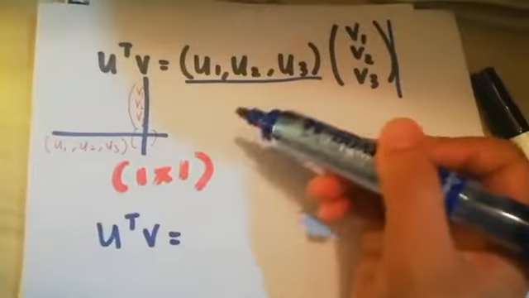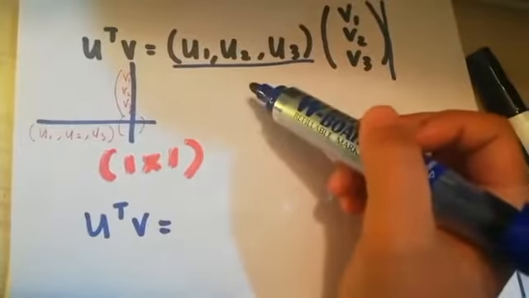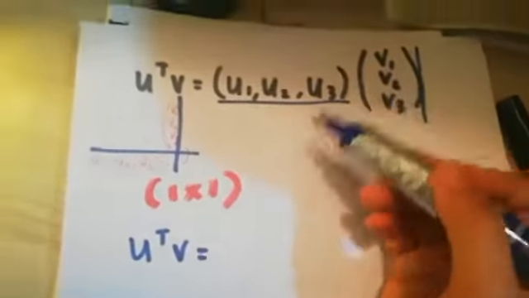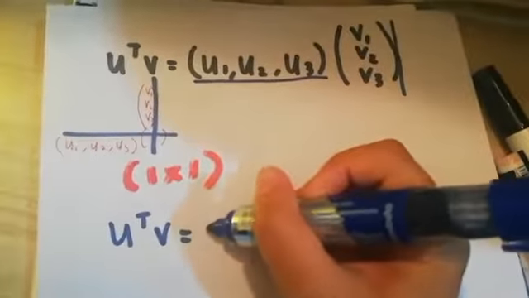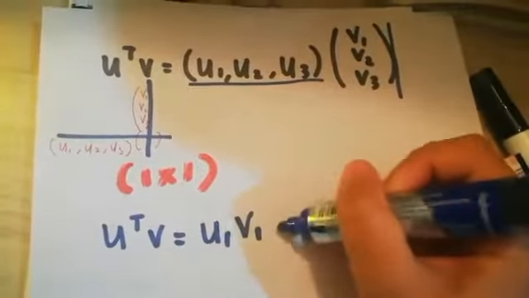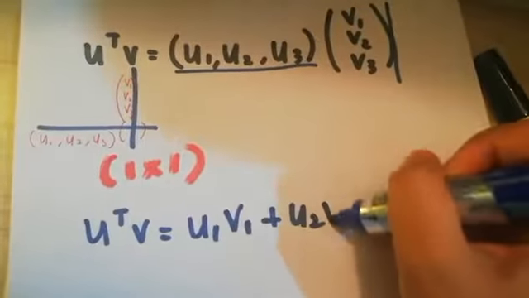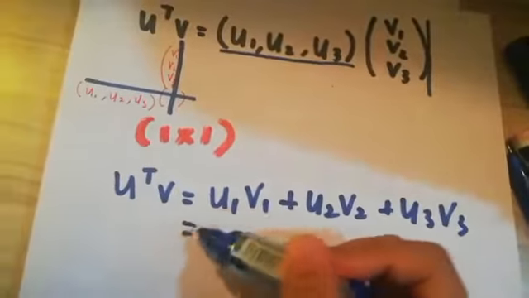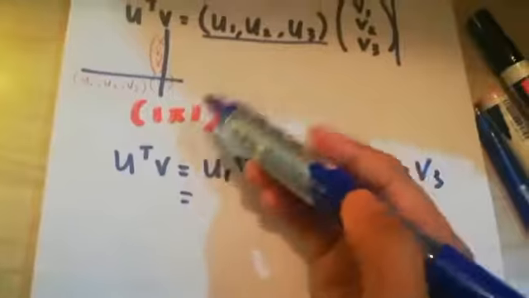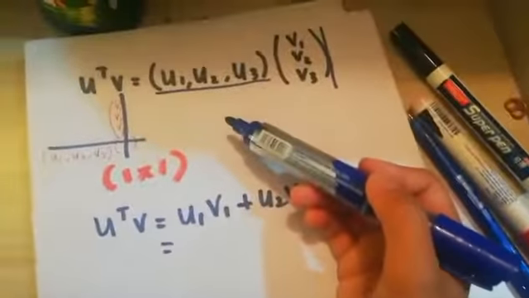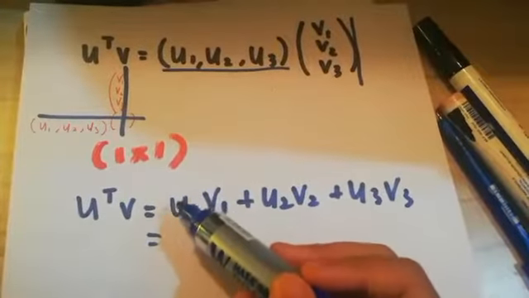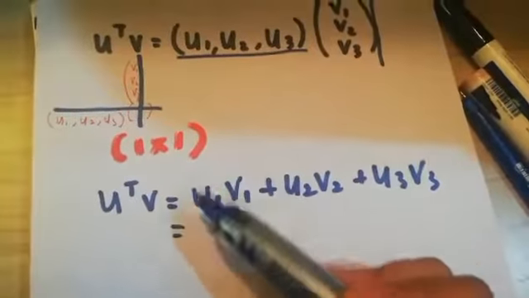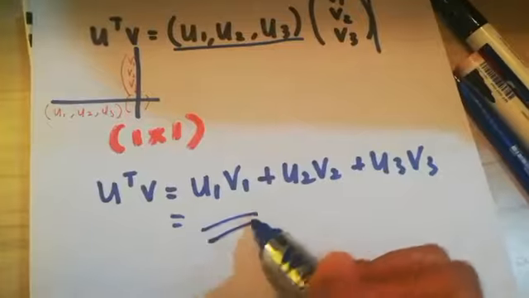So let's solve it with matrix multiplication like we learned before: u1 v1 plus u2 v2 plus u3 v3. It's just the same as when you do the dot product without the formula. So if your u and v have values, you can substitute and you will get the answer.